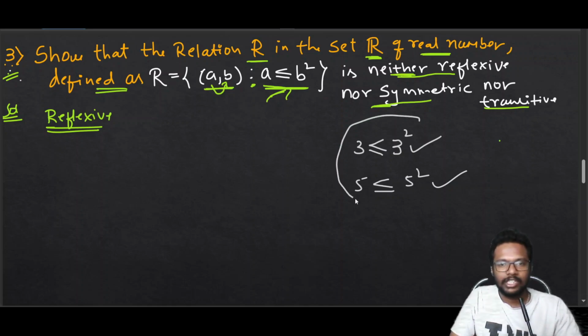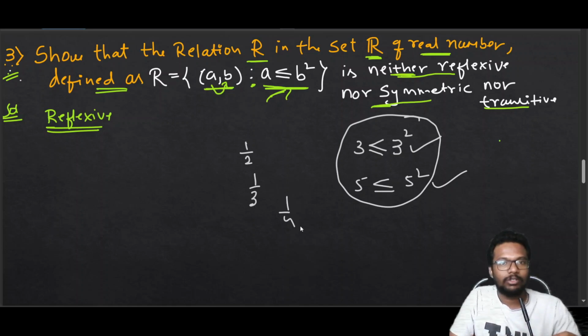So don't consider whole numbers, try to find the example in fraction values, like 1 by 2, 1 by 3, 1 by 4. If you square this, 1 by 2 less than or equal to 1 by 2 whole squared becomes 1 by 2 less than or equal to 1 by 4.